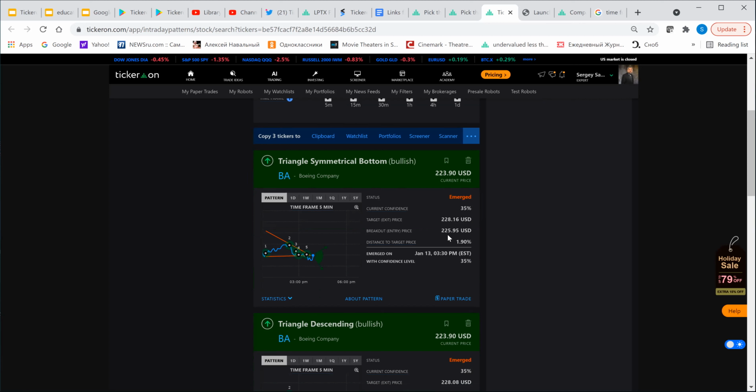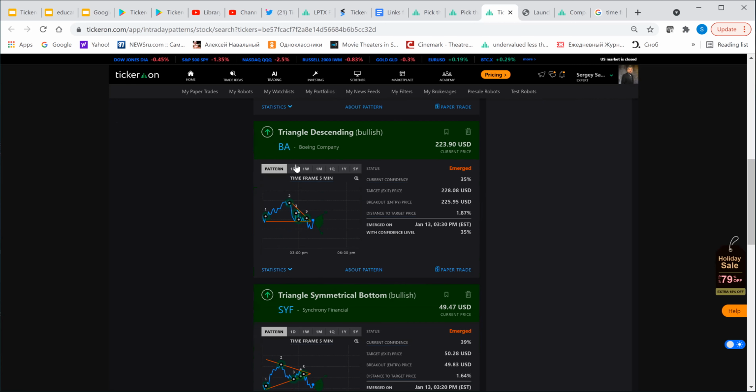So I know exactly when to enter, when to exit, and I can make a couple of percentage points based on this pattern, okay? So what is that? Boeing pattern, I can make also 2%. As you can see also, entry price, exit price, everything is here.